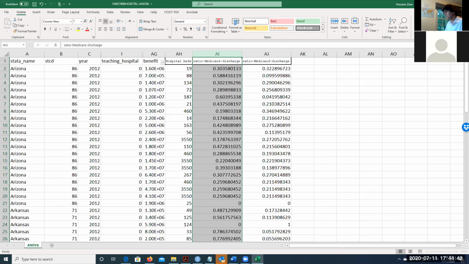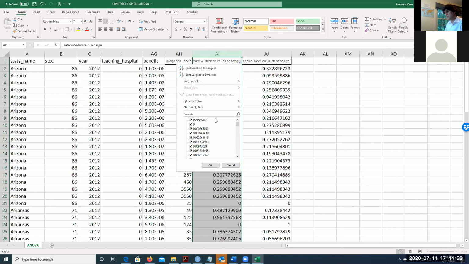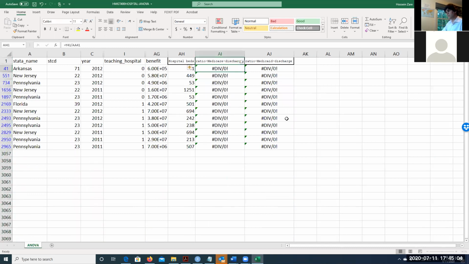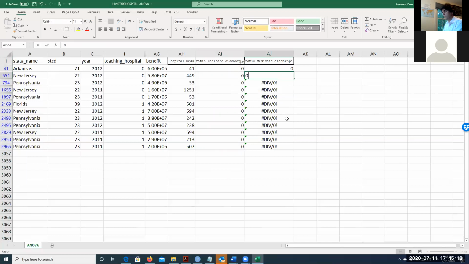Let's sort this data and filter. Click on the filter. Go down to find the signal that shows you there is this variable in this data. You should replace them with 0. The same for here.